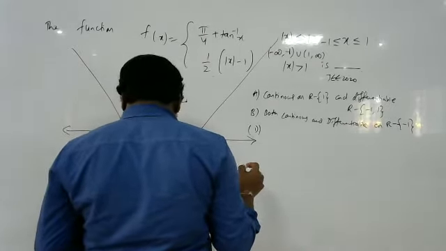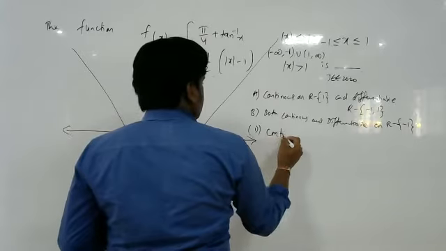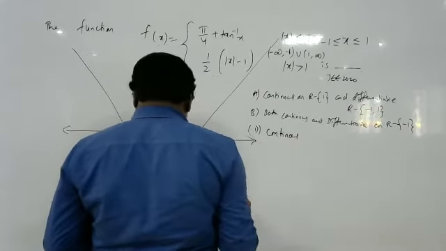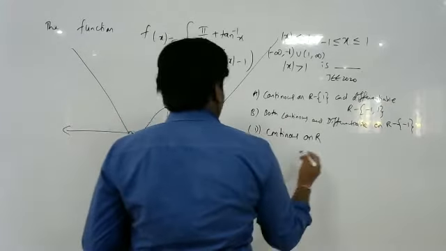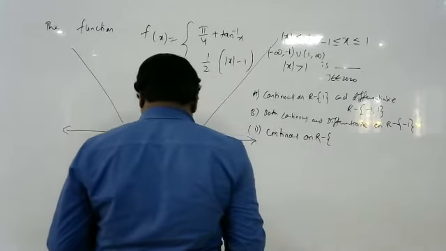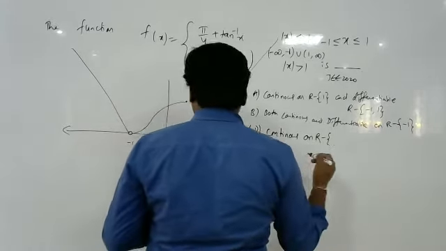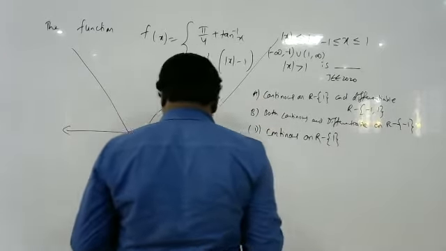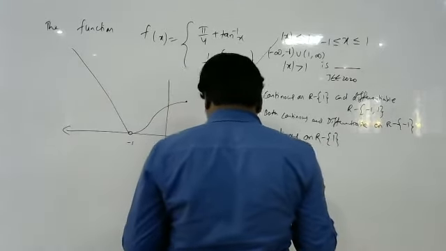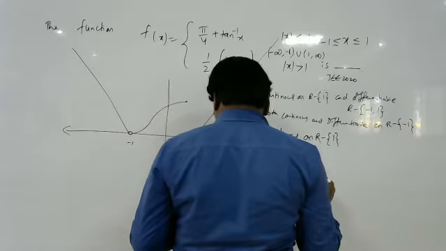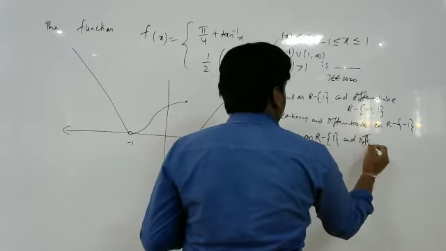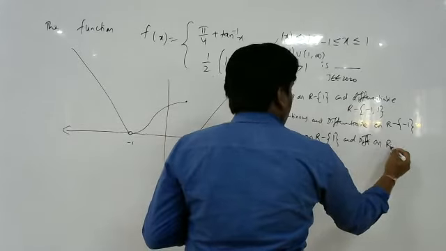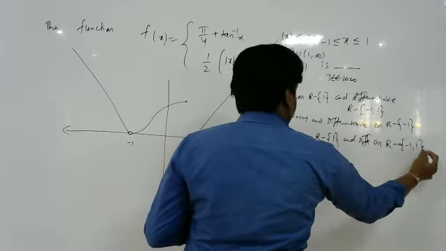Option is continuous on R minus 1 and differentiable on R minus 1 comma plus 1.